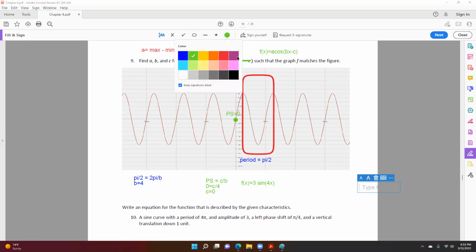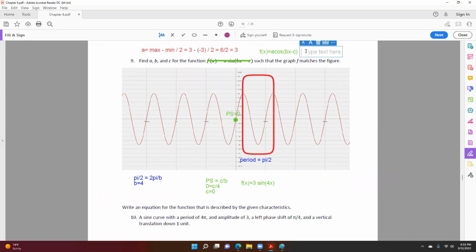So for us to figure out the cosine wave, you find out that your A in this case is still 3, because the distance from the midpoint or middle till the minimum or maximum is 3. Now the period is going to be a bit tricky to find because they don't tell you the value of these two numbers.